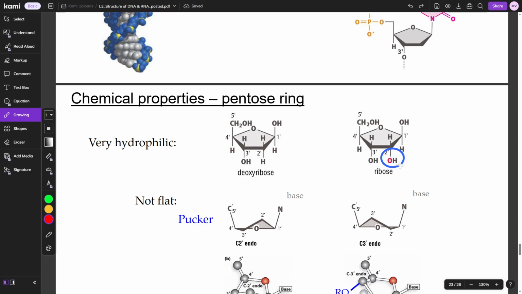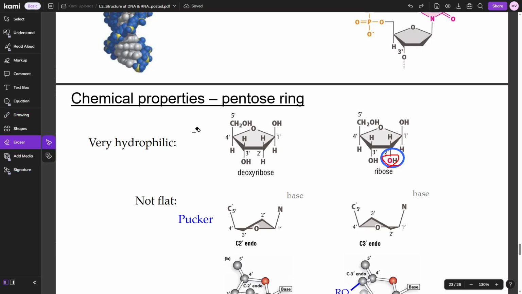There is a 2' OH on the normal ribose and an H on 2' instead for deoxyribose. Now you might be wondering, okay, why does that matter at all? And the answer to that has to do with the orientation of the molecule.